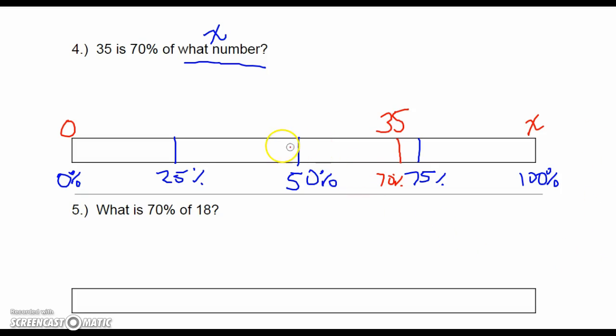I also know that it's going to be pretty close to, let's see, I'm about 2/3 of the way from 0 to the end here. So if I thought of this as thirds, I could take 1 part, 2 parts. I could take about half of this to give me this. Half of 35, that's like 17, 18, something like that.